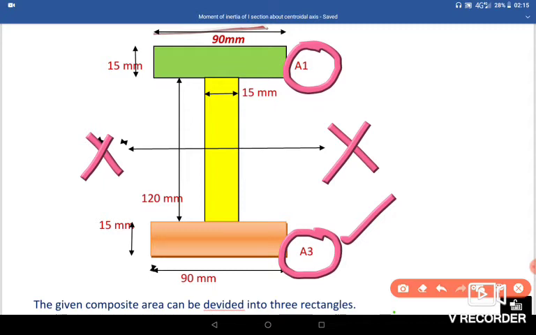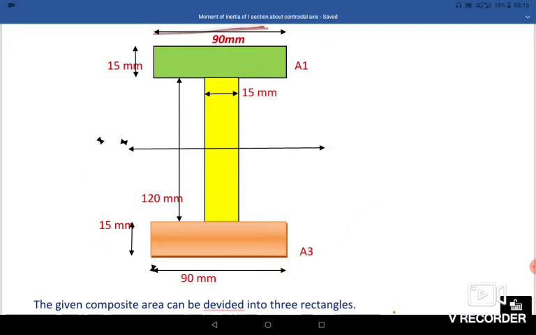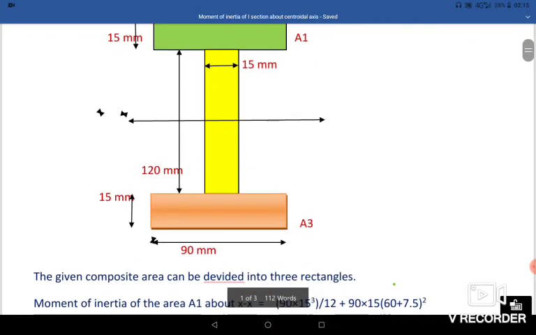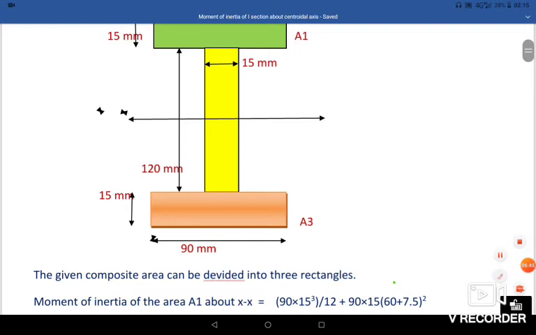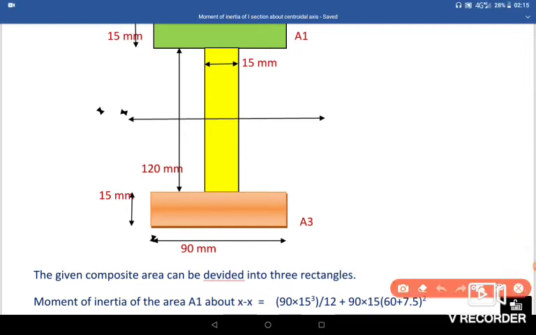Now I will have to calculate the moment of inertia of section A2 about the XX axis. It is very simple, from the direct formula bh cube by 12.